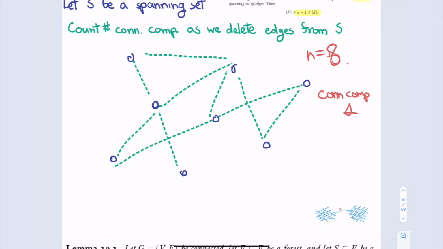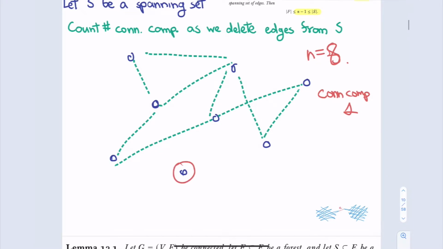So for example, if I delete this edge, then we have 1 connected component here. Now my number of connected components is 2. If I delete this edge, I have actually not increased the number of connected components. It's still the same.